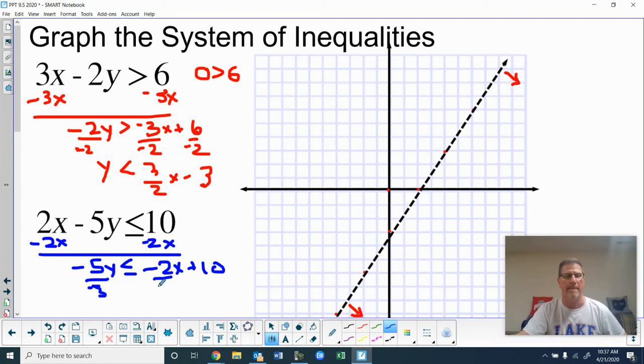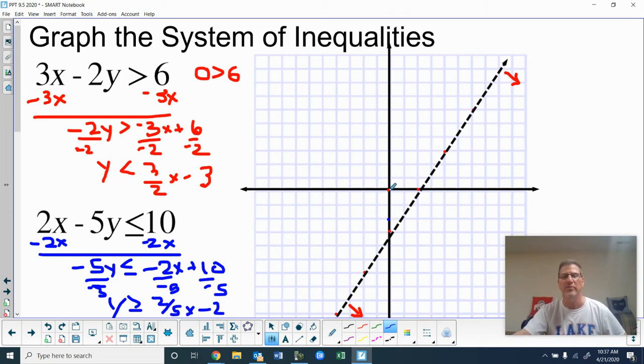Sorry about that. I get y is greater than or equal to, because I divided by -5. That's supposed to be a -5 there. And -2 divided by negative 5 is positive 2/5 x. And positive 10 divided by negative 5 would be negative 2. So negative 2 is my y-intercept.